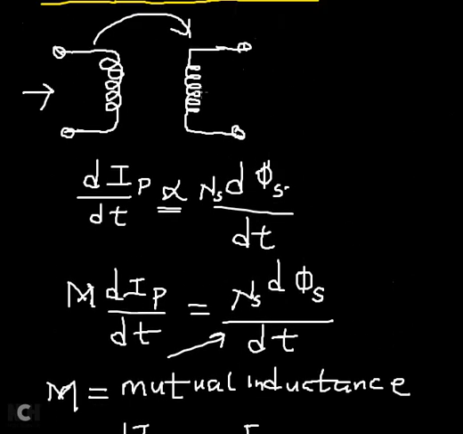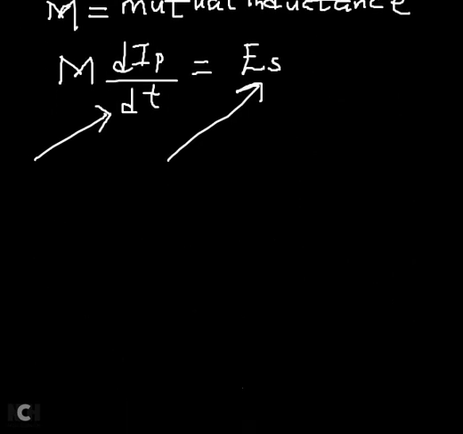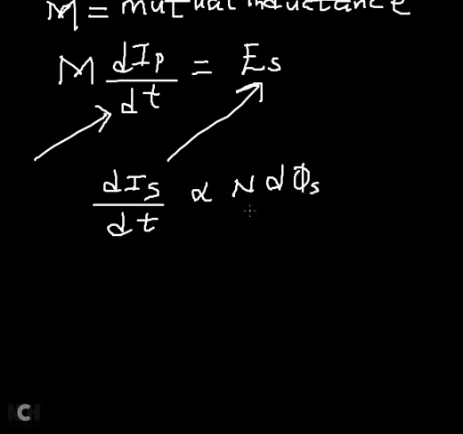Let's say the variation is taking place at the secondary. The variation in current is taking place at the secondary with respect to time. Then definitely that is proportional to the flux linkage of the primary with respect to time.